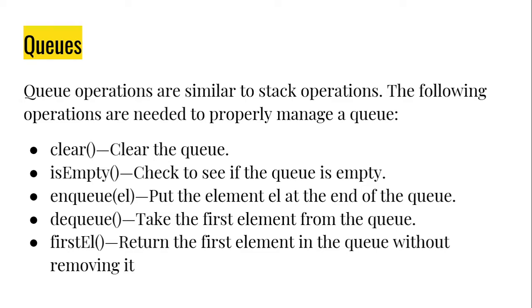Then we have an important operation here, which is enqueue. In the enqueue method or operation, you need to specify the element you want to insert, and it will insert the specified element at the end of the queue. And then we have another important operation, which is dequeue.